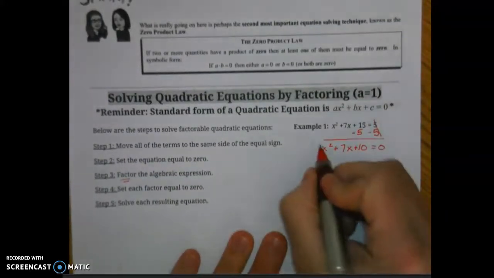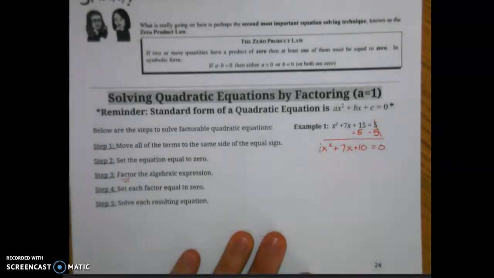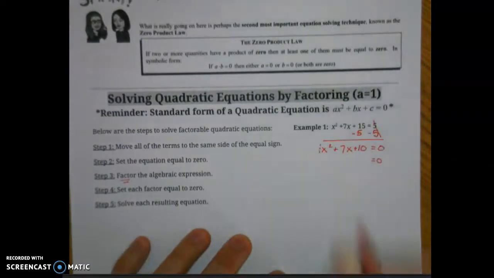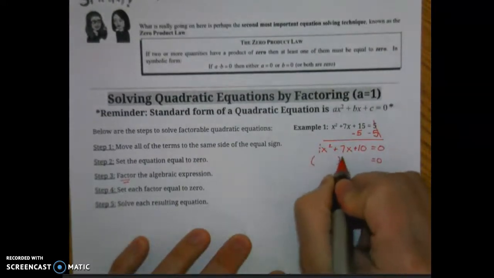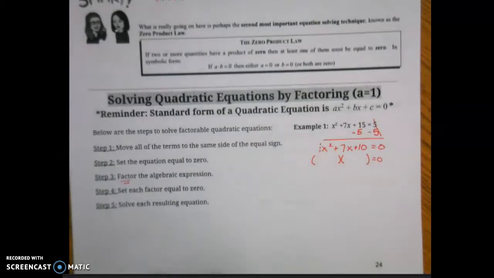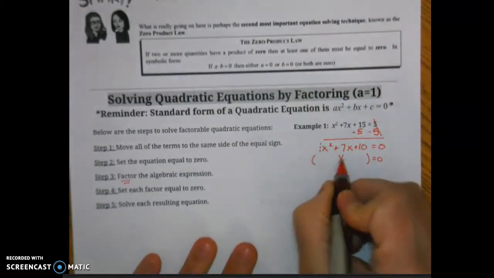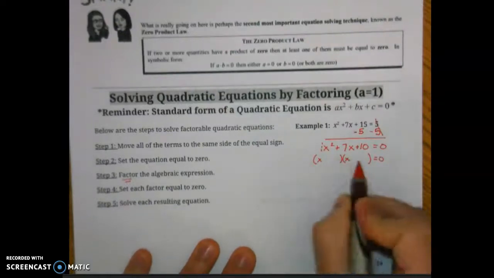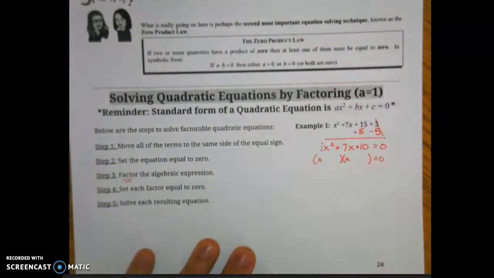It's a trinomial with a leading coefficient of 1, or a is equal to 1. So you should think double bubble, or 2 sets of parentheses, and since a is 1, you know the only things that can go here are x and x. And then to figure out the two constants, you have to do a factor sum table.